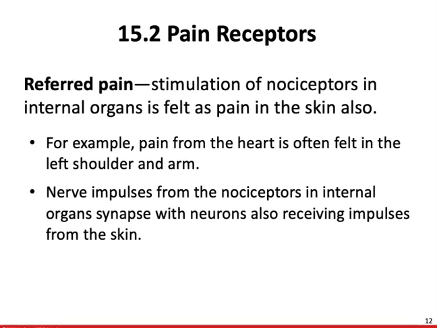For example, pain from the heart is often felt in the left shoulder and arm. This is why one sign of a heart attack is pain or a tingling sensation in your left arm. Nerve impulses from nociceptors in internal organs can cross-reference with neurons also receiving impulses from the skin, and that's where we get that referred pain.